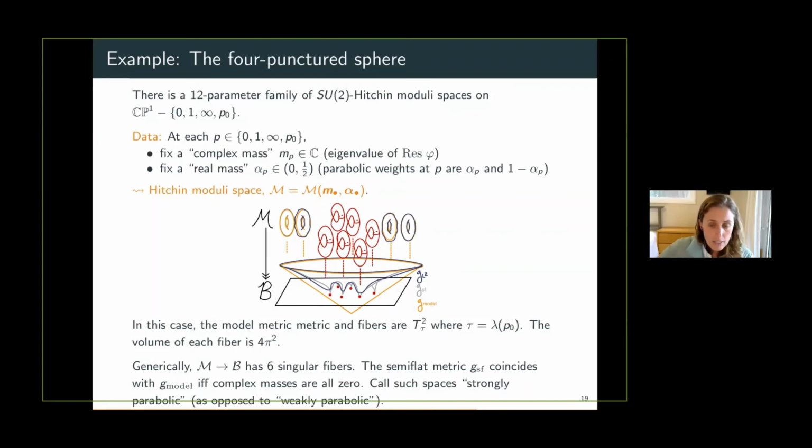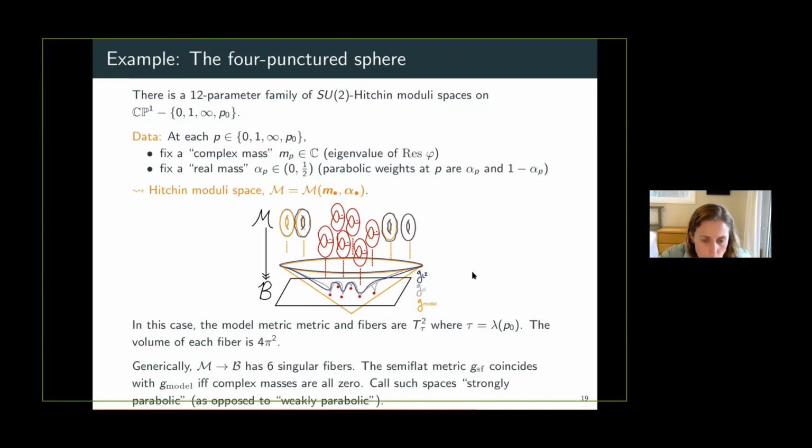And in this case, we can see really explicitly what it should be asymptotic to. This cone angle down here is just pi. This torus is basically given by the elliptic modular lambda function. And the volume of each of these fibers asymptotically is 4 pi squared.